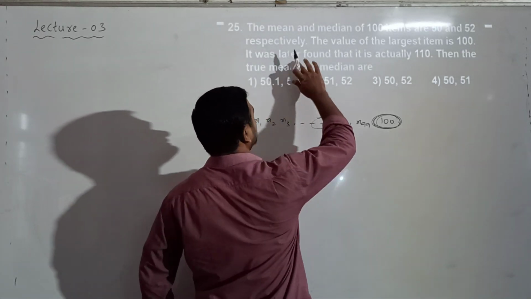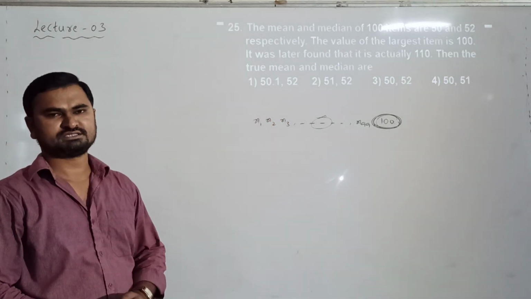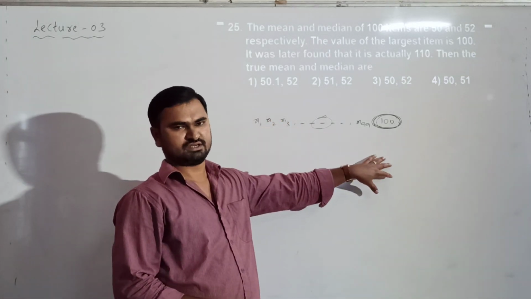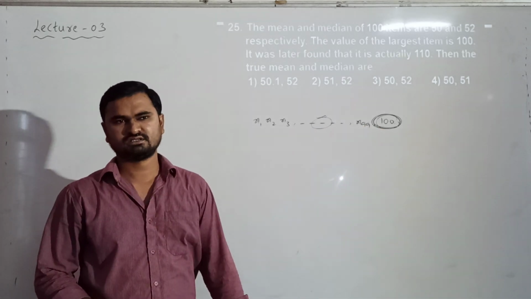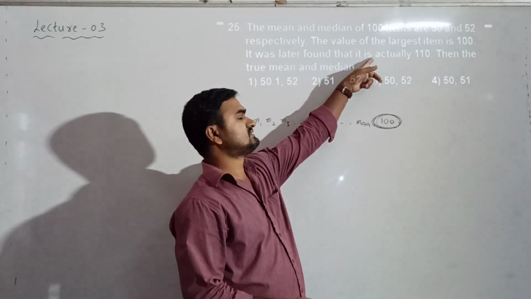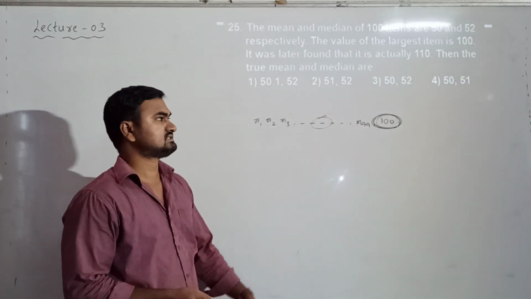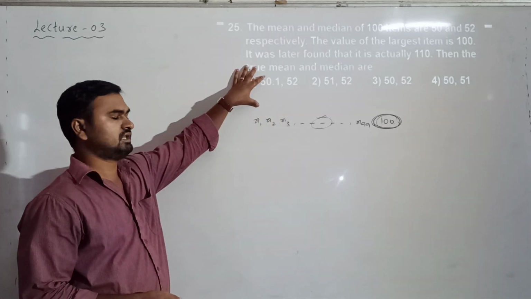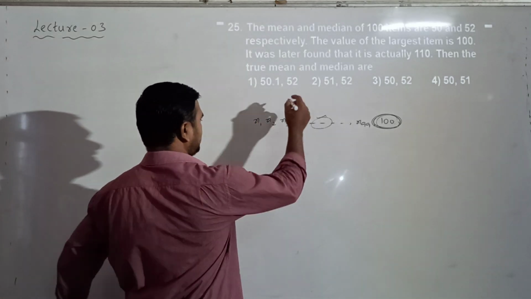What will be affected is the mean, because mean is the sum of observations divided by the number of observations. Observation changing means the sum also changes, so the mean changes. So only the mean changes, but not the median.